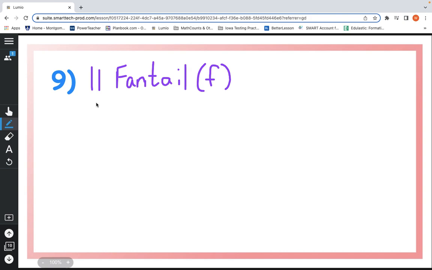So Cameron's number is 7 less, 7 fewer, so we subtract 7, than his friend Julia. So that means Julia has 7 more, or you can say Cameron has 7 less. Okay?